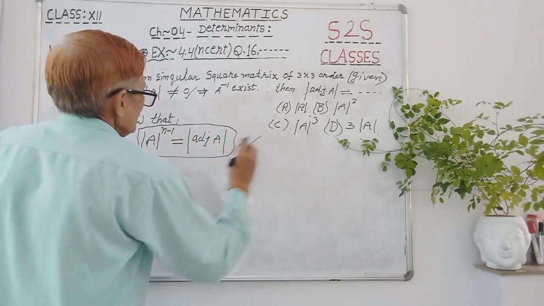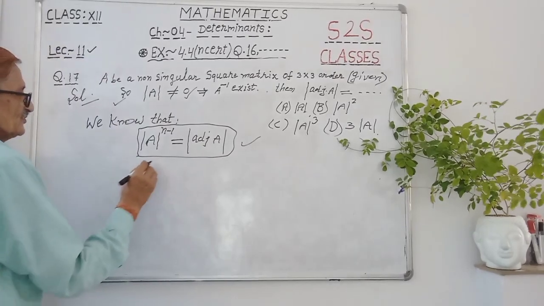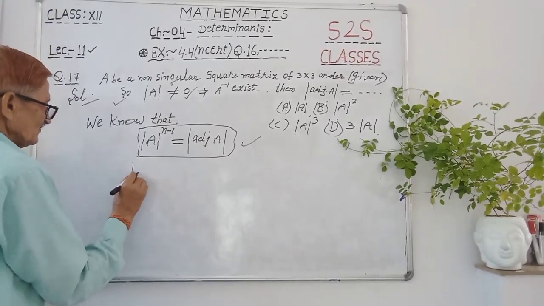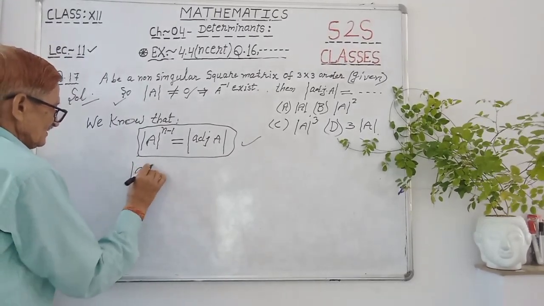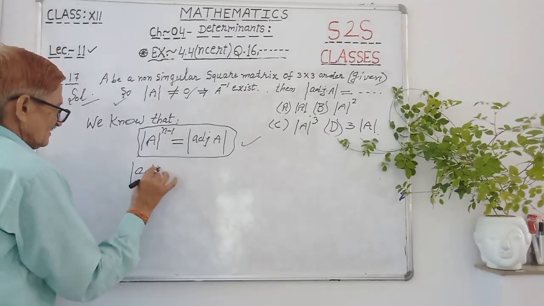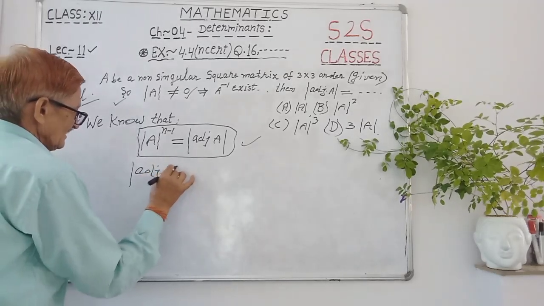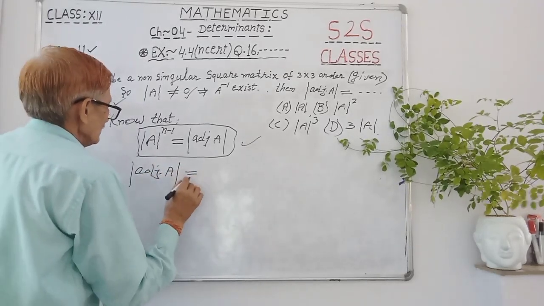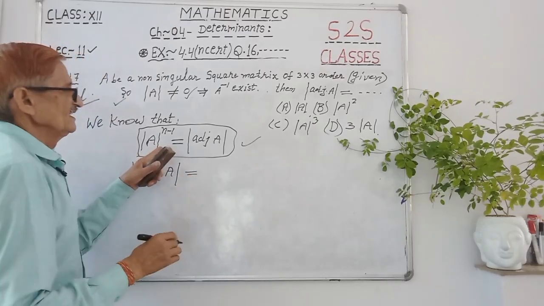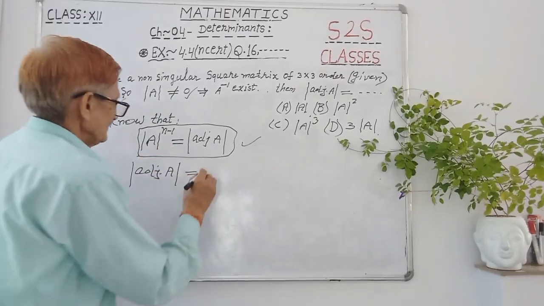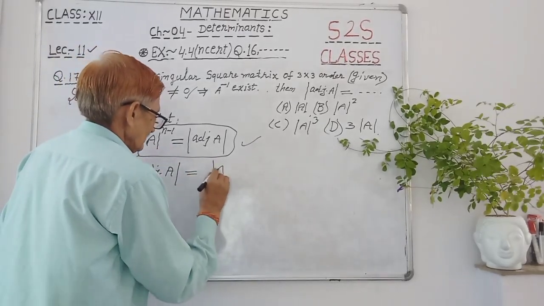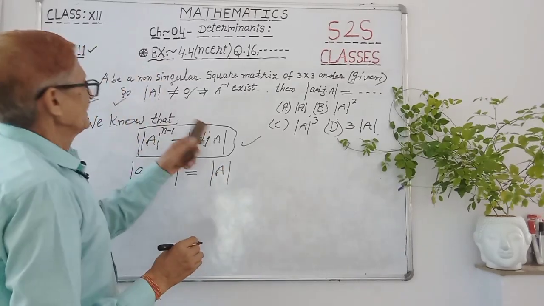To use this, determinant of adjoint of matrix A will be equal to determinant A power n minus 1.